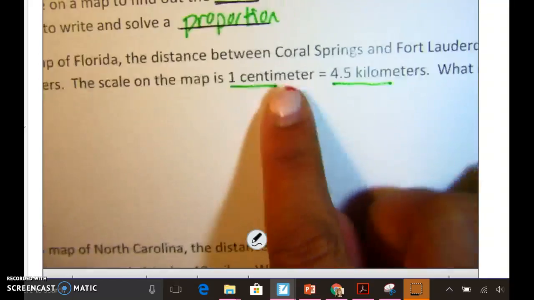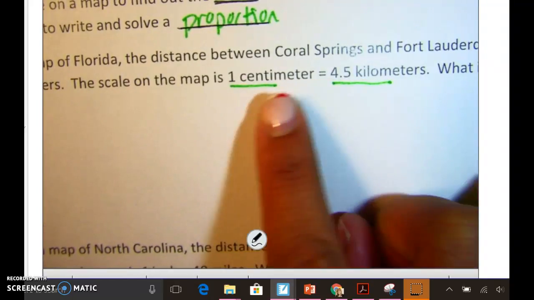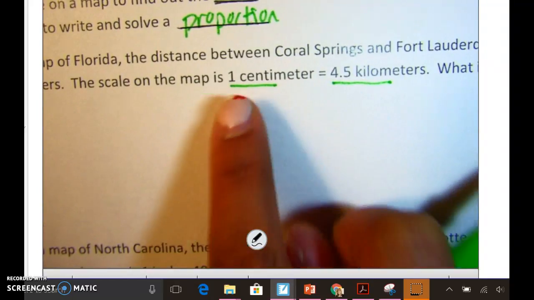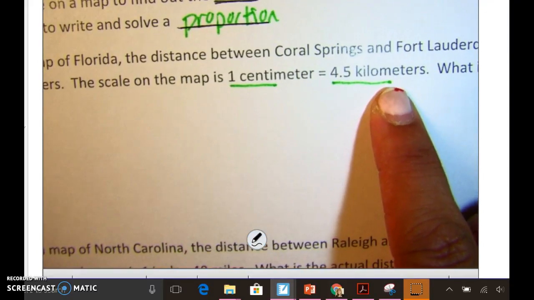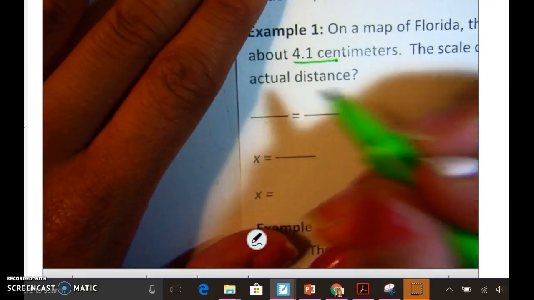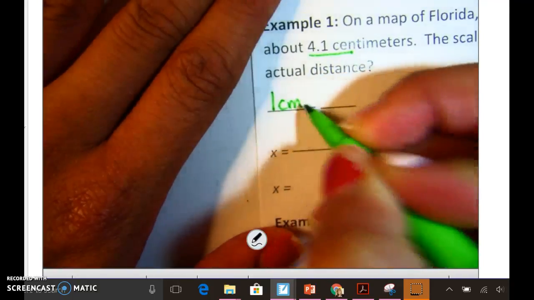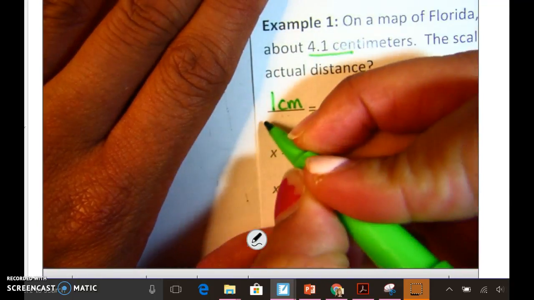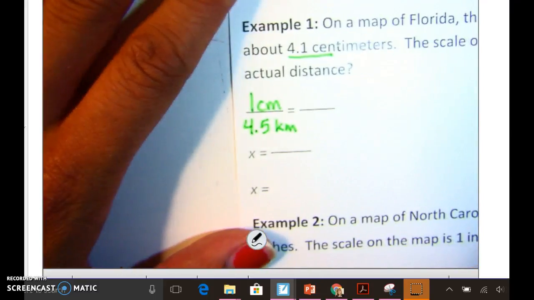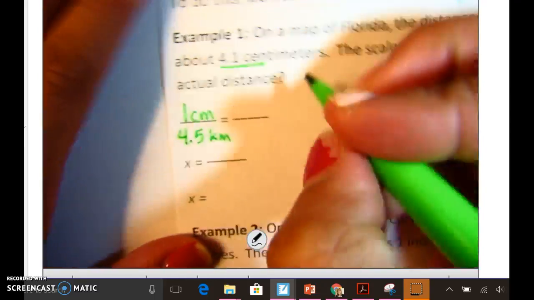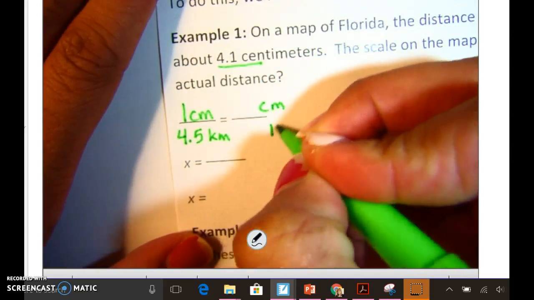So you first need to set up the ratio of the map. Every 1 centimeter on the map is 4.5 kilometers in real life. So I'm going to write 1 centimeter is to 4.5 kilometers. And then over here, I'm going to have centimeters and kilometers.